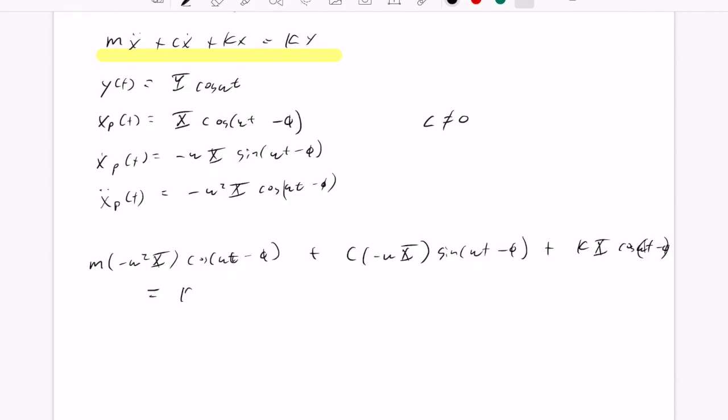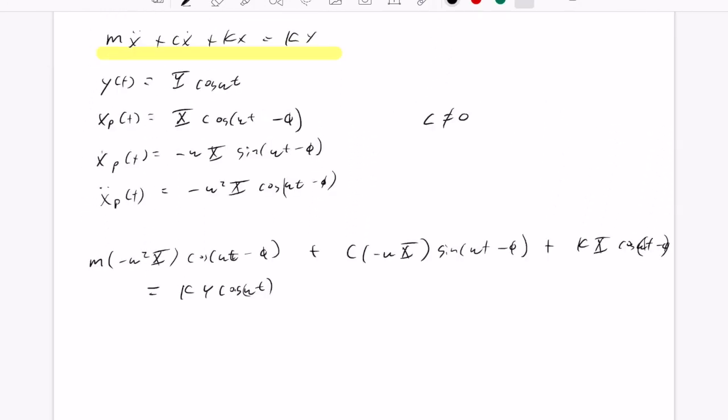is equal to k, and then this is double check, this is the time to make a mistake. That's a spring constant, so it should multiply by position. So ky cosine omega t, okay? Now I'm going to group this term and this term together.